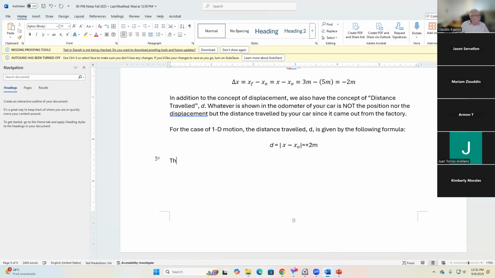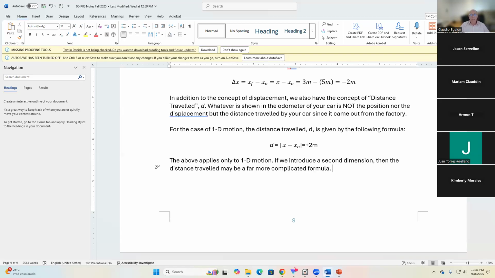Keep in mind the above equation applies only to 1D motion. If we introduce a second dimension, then the distance traveled will be, maybe, a far more complicated formula.